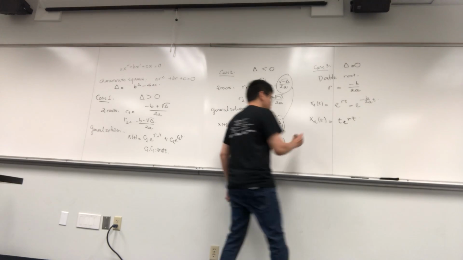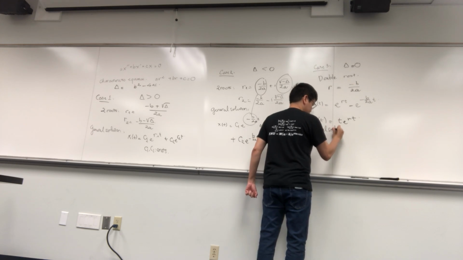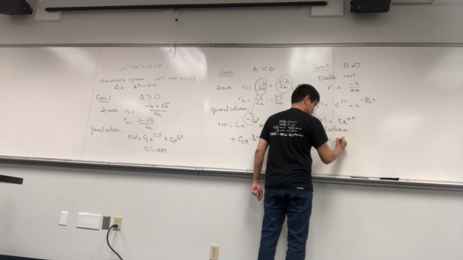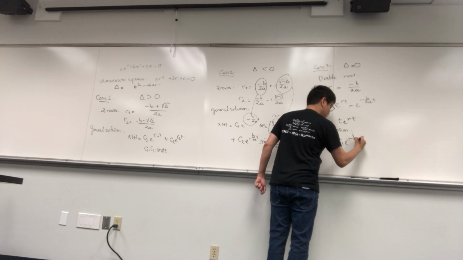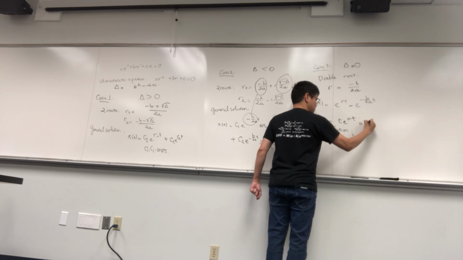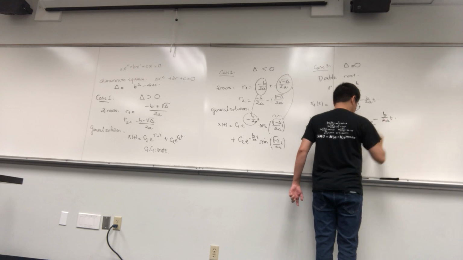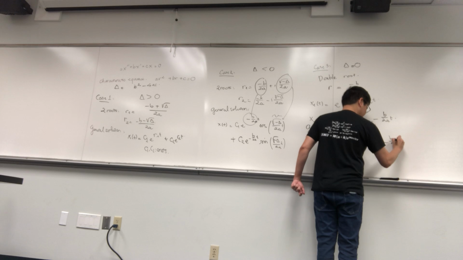So the general solution will be x(t) is C1 e to the minus b over 2a t, plus C2 t e to the minus b over 2a t.